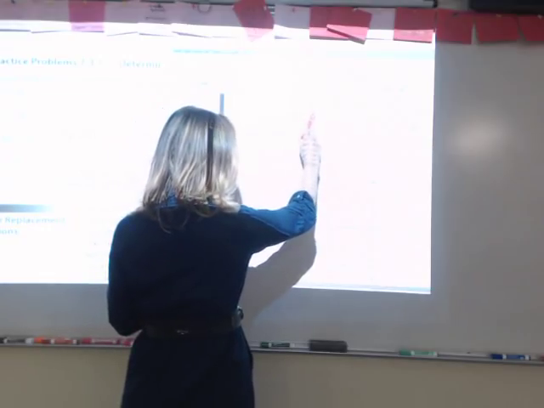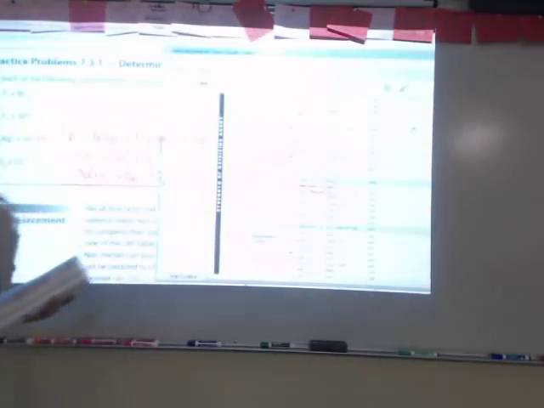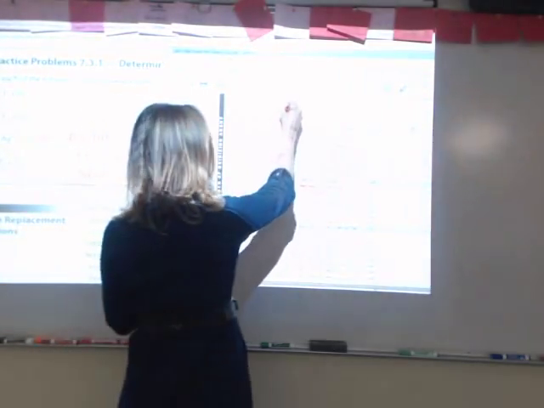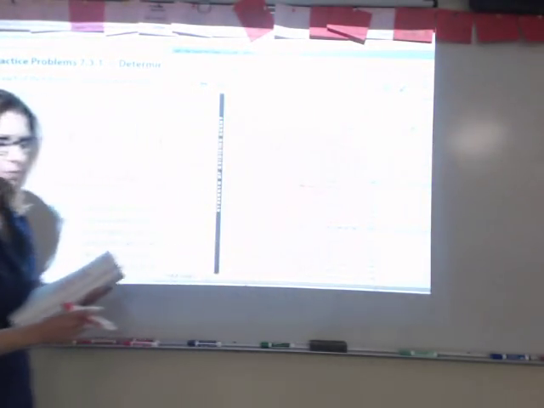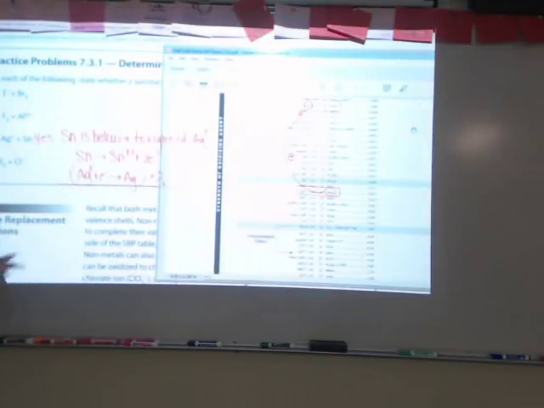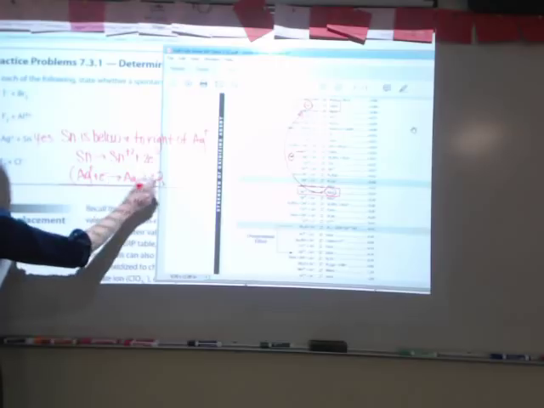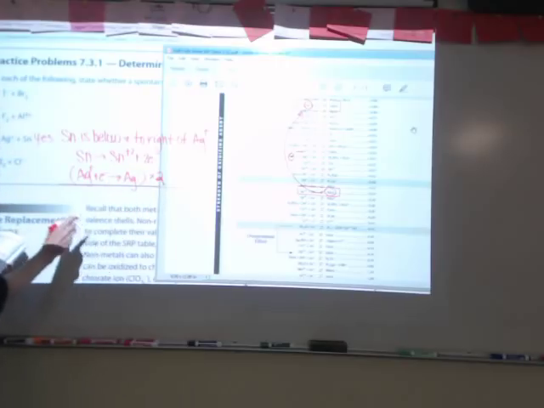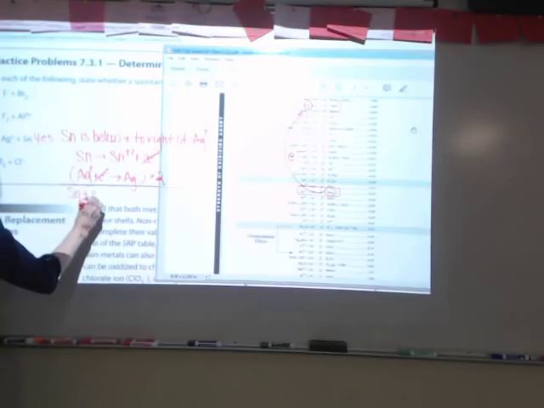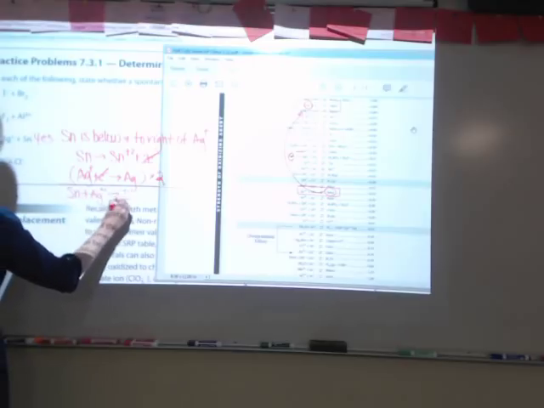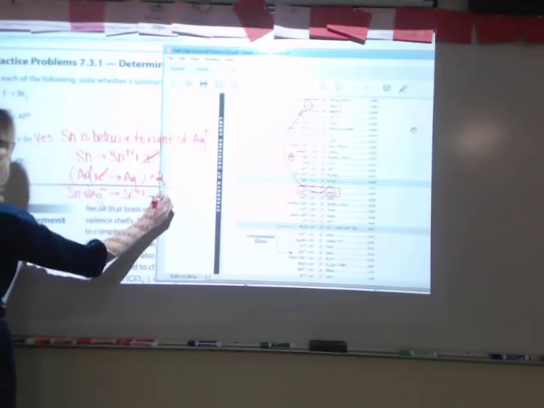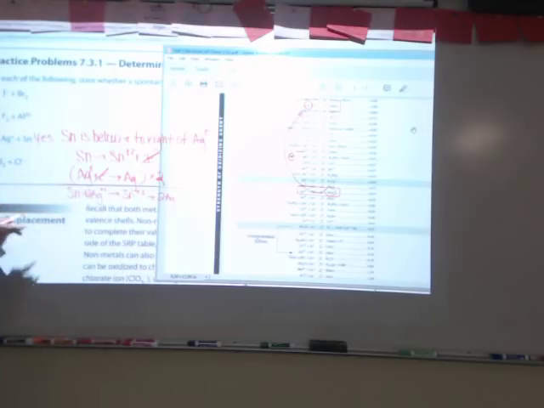But since the half reaction for silver only has 1 electron, you'd have to multiply this half reaction by 2. That gives you 2 silver ions, 2 electrons, and then 2 silver metals. And then the electrons will end up canceling. And that's your overall reaction.